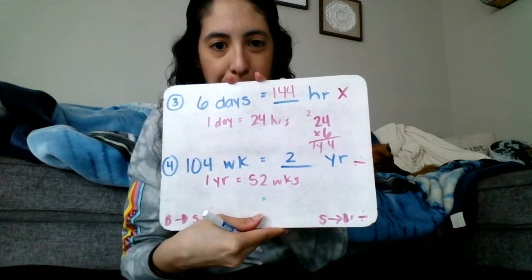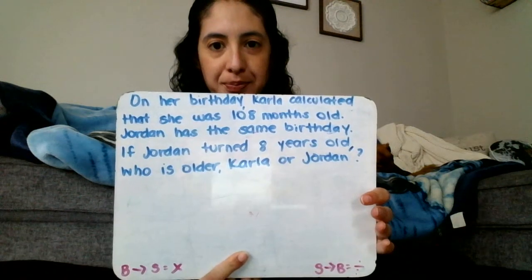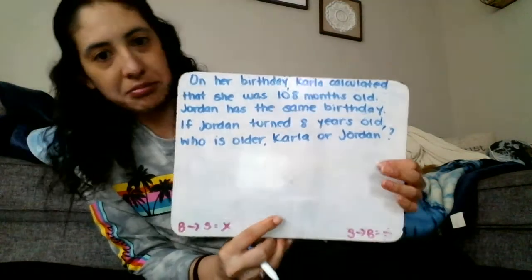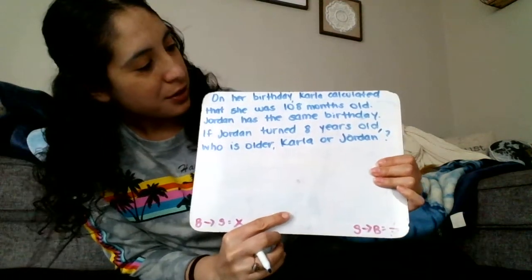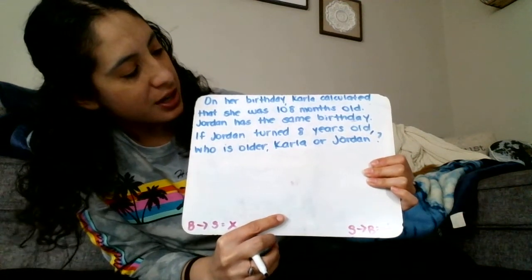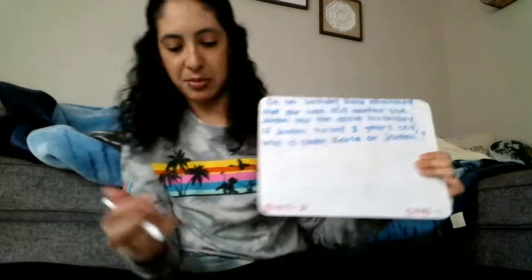Okay. And now, a word problem. Okay, so here's your word problem. Now, I'll try to read it backwards. On her birthday, Carla calculated that she was 108 months old.